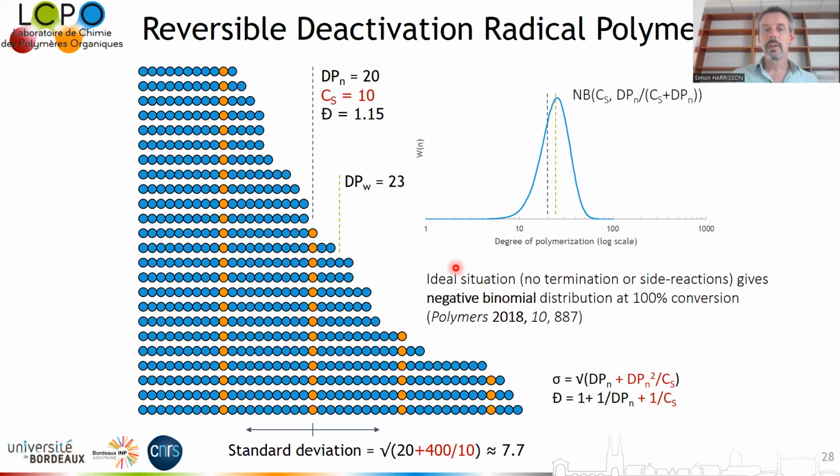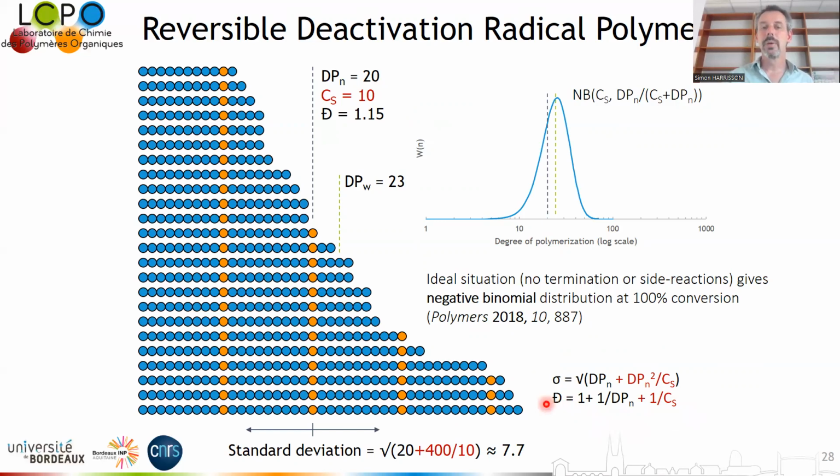And so here you can see an example of an RDRP polymerization with, again, degree of polymerization of 20. Now we're using a control agent with a chain transfer constant of 10. We get a dispersity that's still relatively narrow, 1.15, because now the dispersity is given by 1 plus 1 over the degree of polymerization plus 1 over the chain transfer constant at 100% conversion.